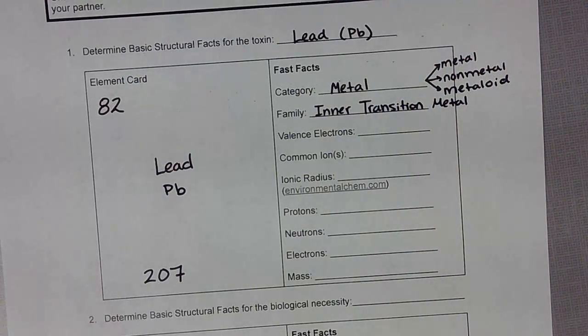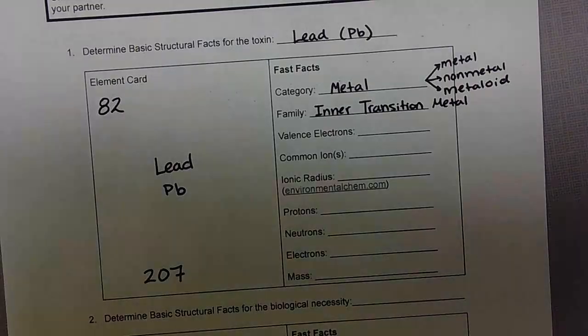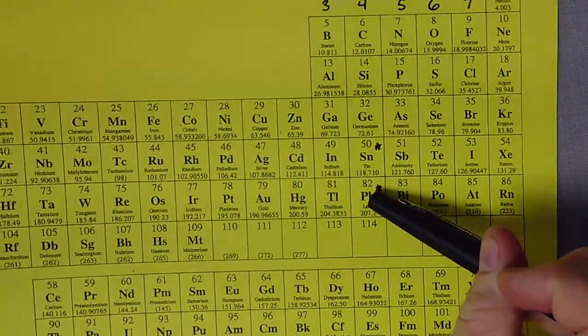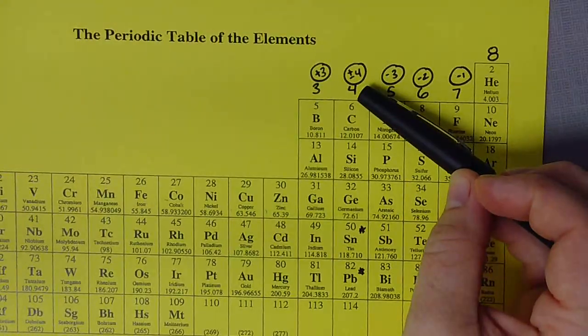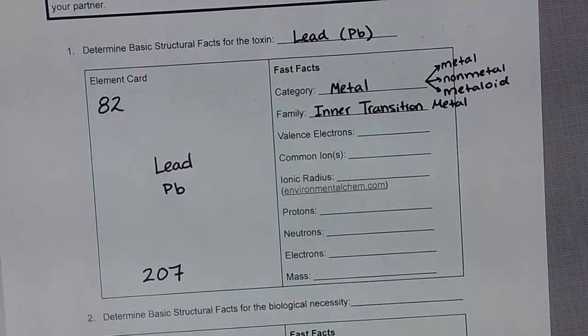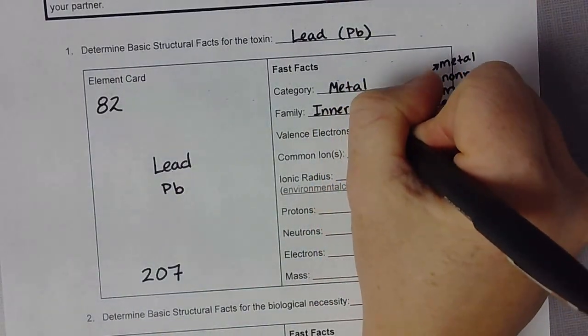Valence electrons. Another thing, we can get this straight from our table. Lead is in column number 4, which means it is going to have 4 valence electrons.